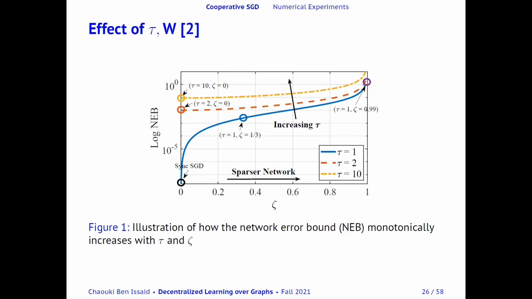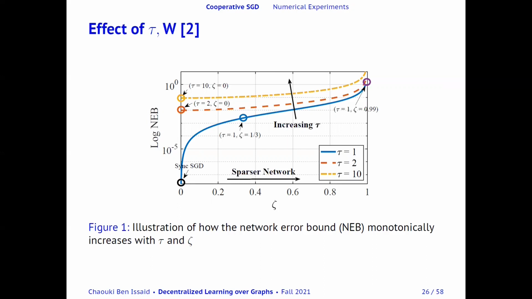From the main theorem, we know that the network error bound, denoted by NEB here, is a function of tau and zeta, and in fact it is linear in tau, and it is proportional to (1 plus zeta square) over (1 minus zeta square).